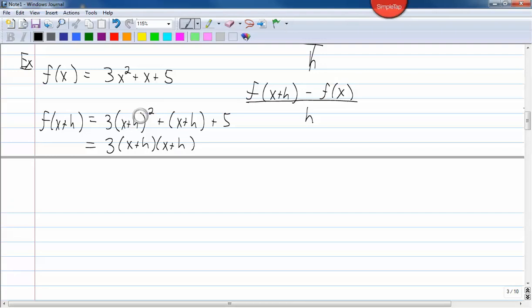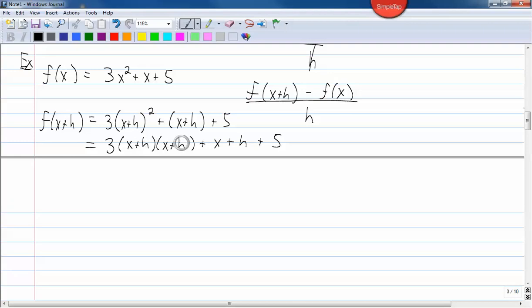That's what x plus h squared means. Now there's no number in front of this parentheses, and there's a plus there, so I can just drop those parentheses. That's going to give me plus x plus h plus 5.